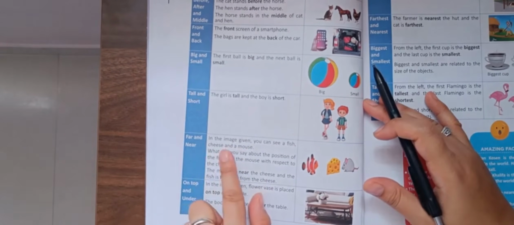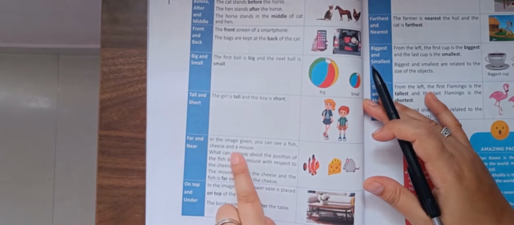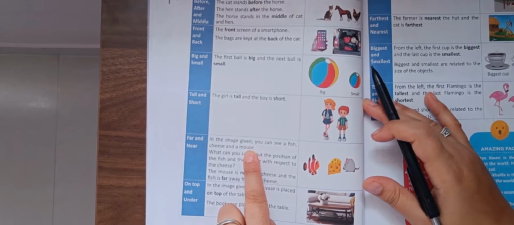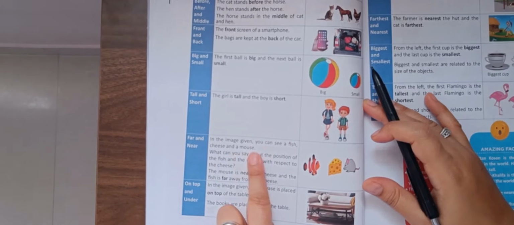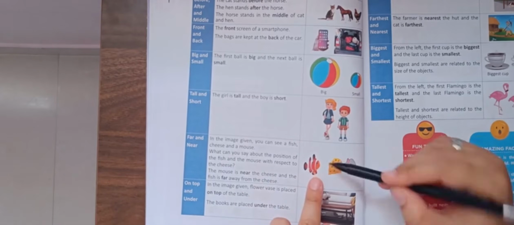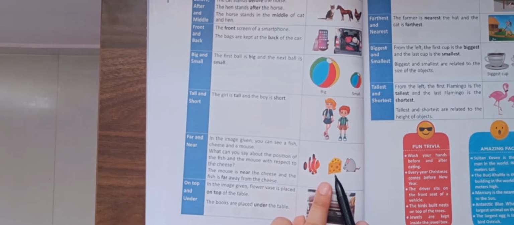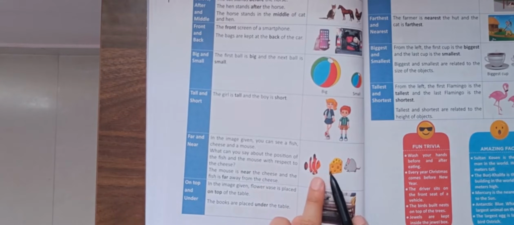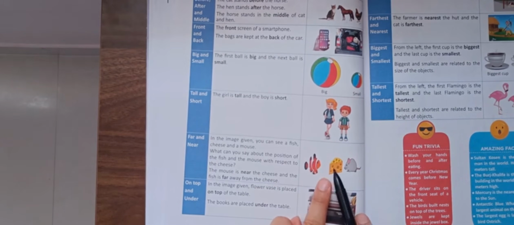Far and near. In the image given, you can see a fish, cheese and a mouse. What can you say about the position of the fish and the mouse with respect to the cheese? The mouse is near to the cheese and the fish is far from the cheese.